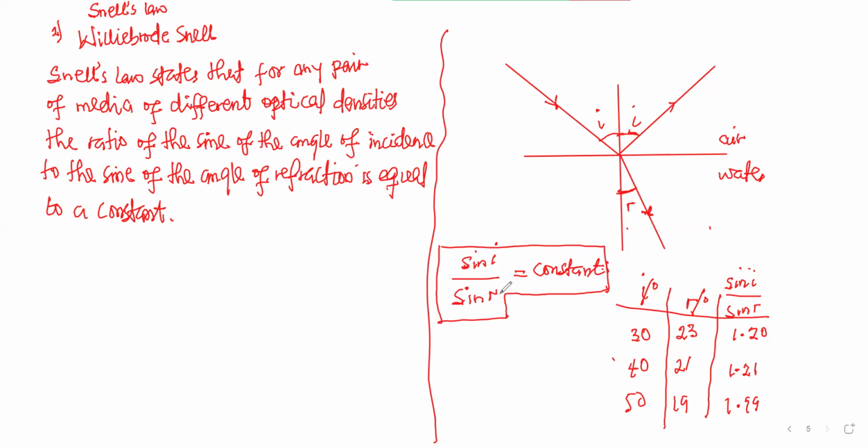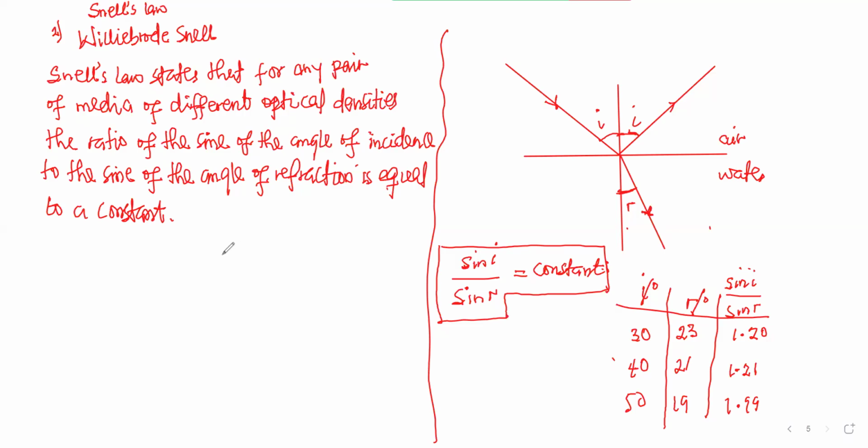And then Snell's law, which also says that for any two given media of different optical densities, the ratio of the sine of the angle of incidence to the sine of the angle of refraction is equal to a constant.